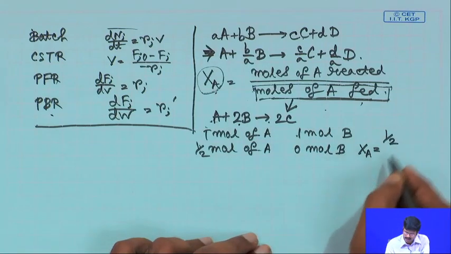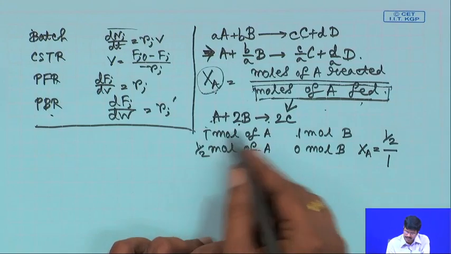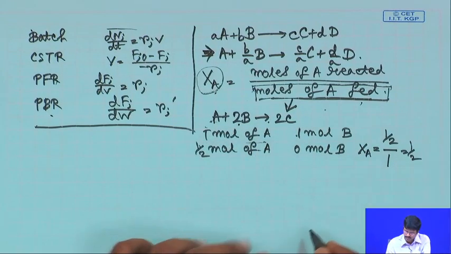Moles of A reacted, which is half, divided by the total number of moles fed to start with, that is 1, so half.